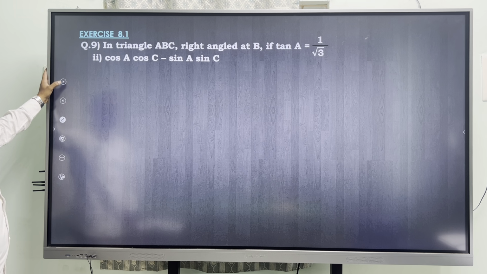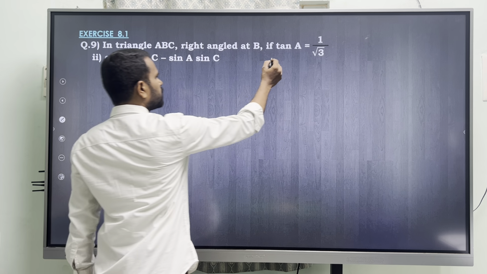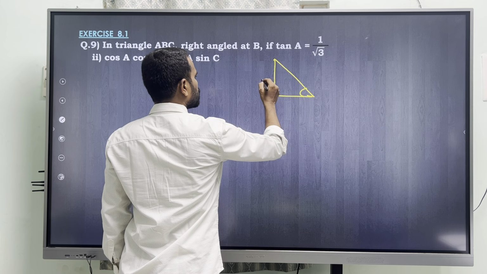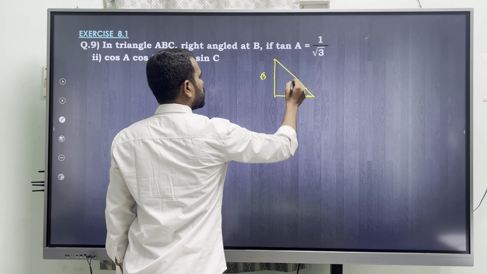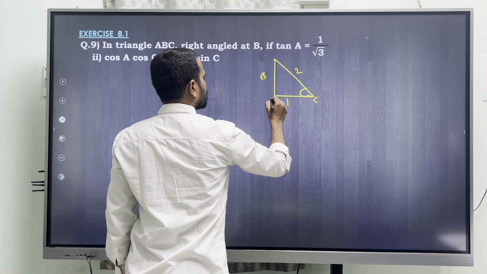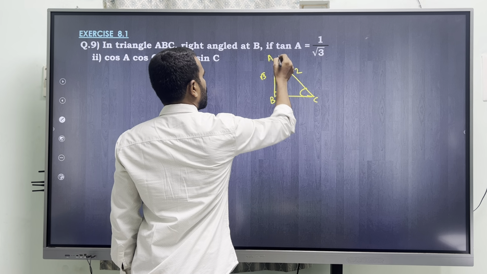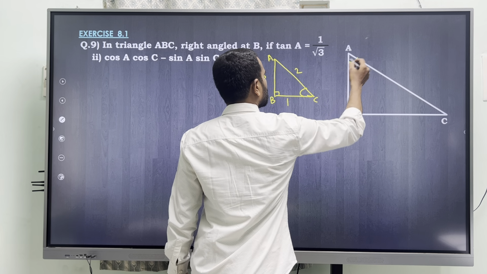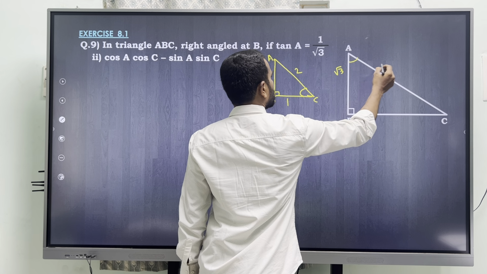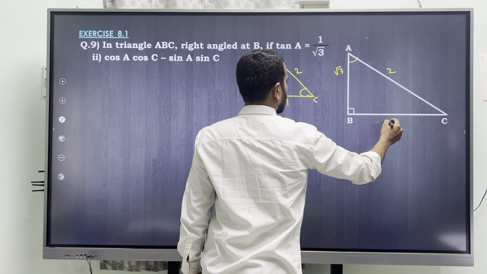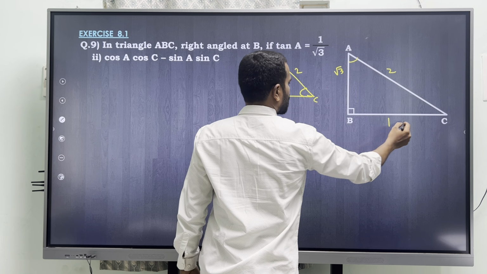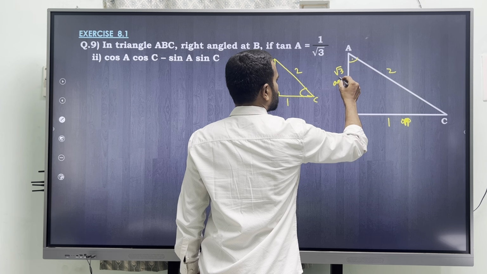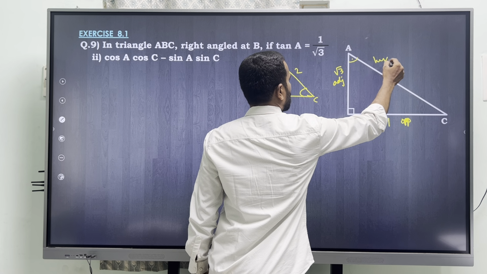Next, similarly, see here: this is root 3, 1, 2. When angle A is given, this is opposite, this is adjacent, this is hypotenuse.